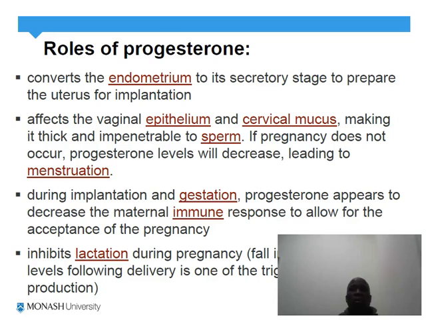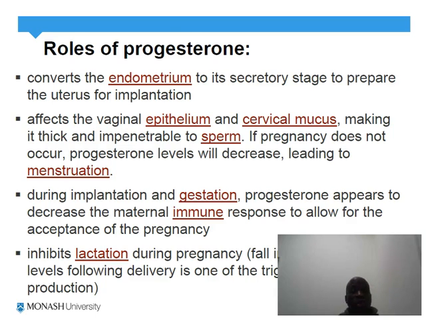For example, there are male cells that are coming, that if the immune system was high, it would recognize that fetus, that fertilized egg, as foreign, and it will mobilize and release antibodies to destroy it. So progesterone has this capacity to reduce or decrease the immune response, so that it can allow the pregnancy to be accepted and developed.